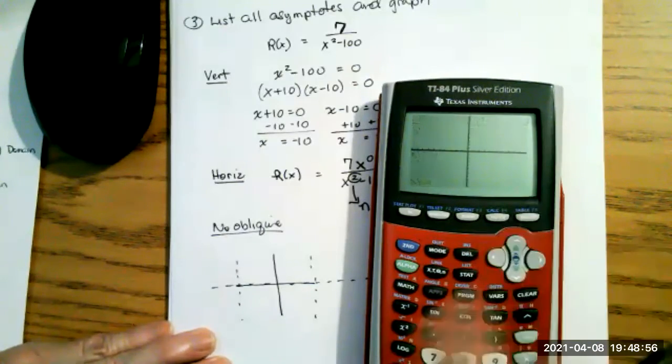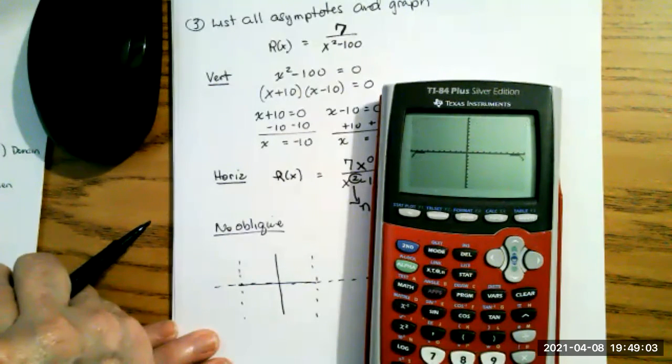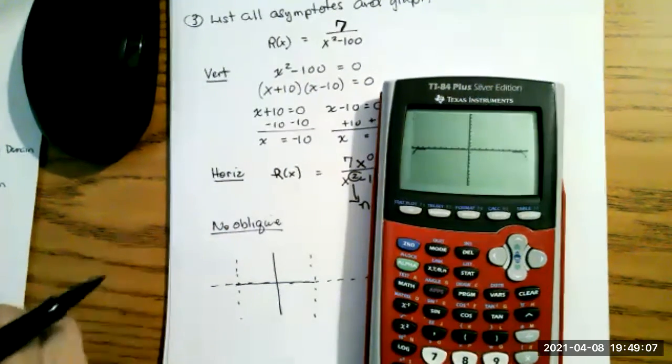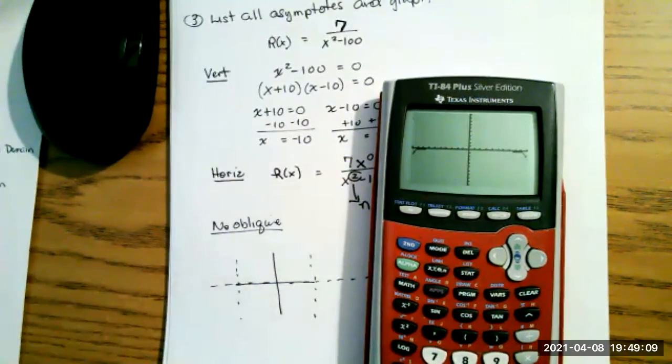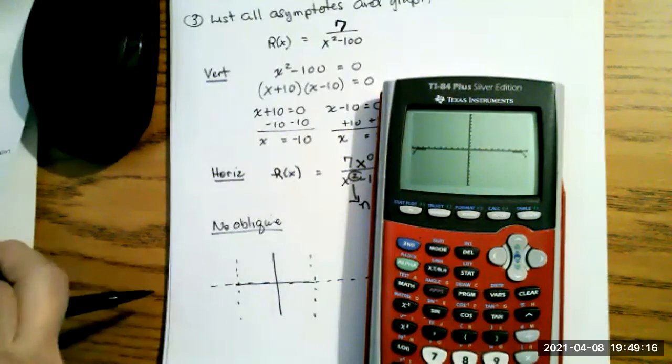Let's see what this little funny thing looks like. Well, I can't hardly see it. Let me see if I can get it to branch out a little bit. I can't hardly see all of it, can you?